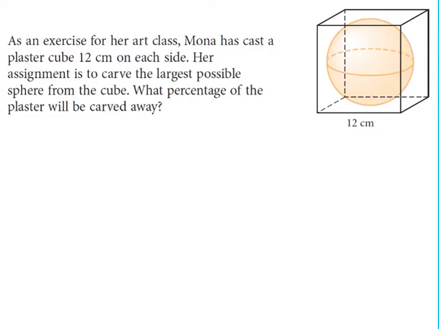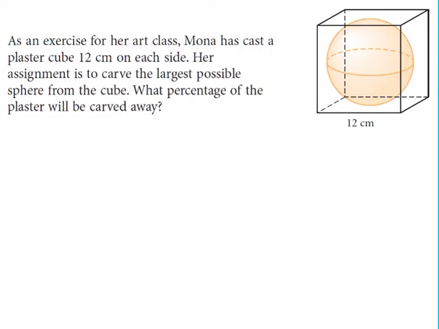So how do I solve this problem? Find the volume of the sphere, find the volume of the box, and subtract those two.